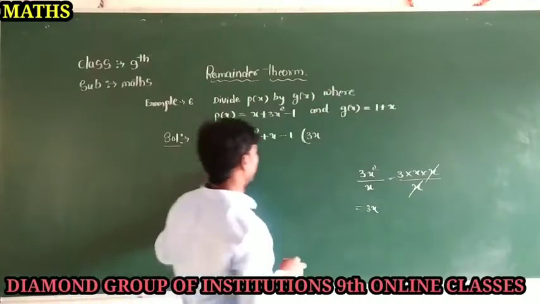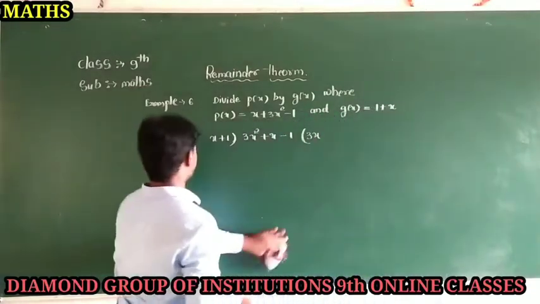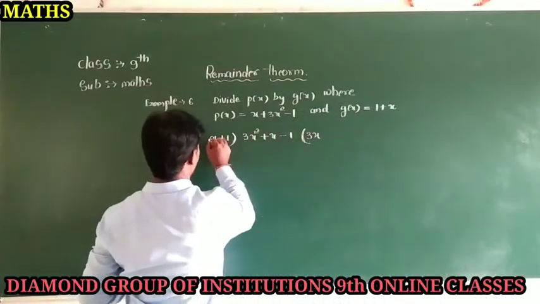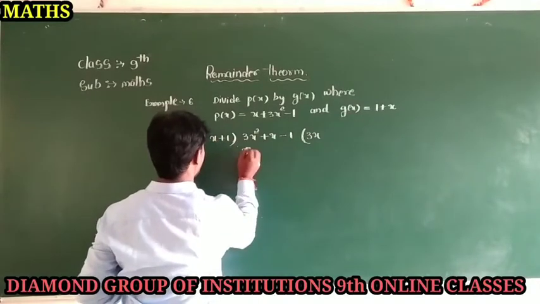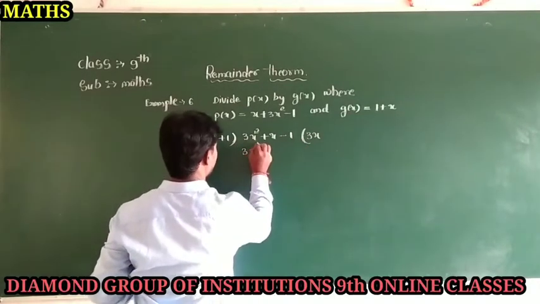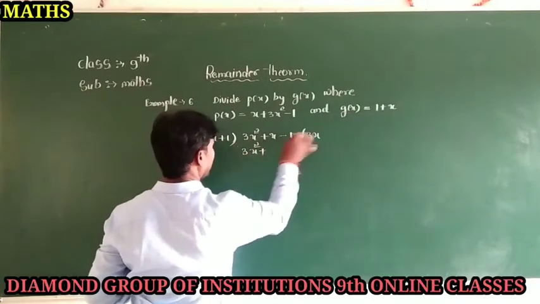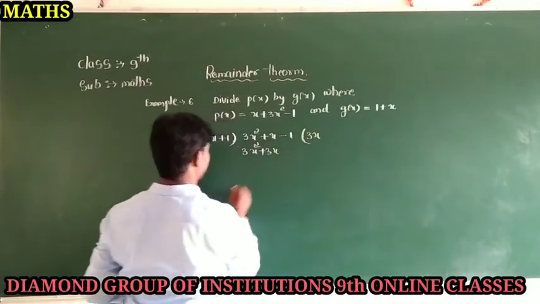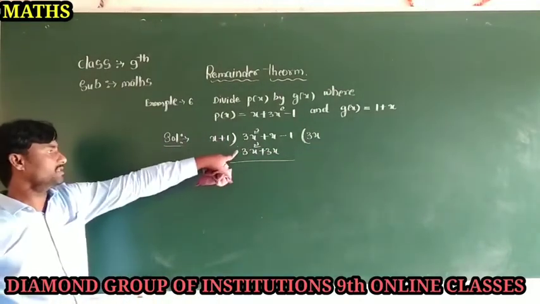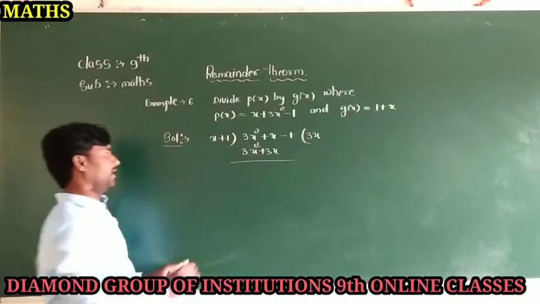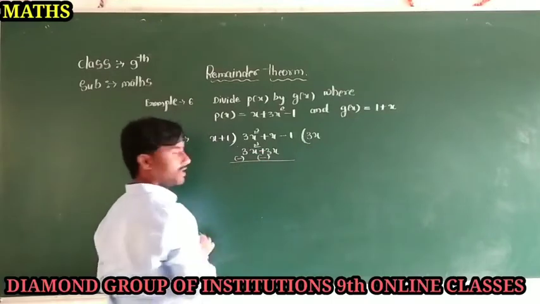Now you should multiply the quotient with this x plus 1. So x into 3x is 3x square, plus into plus is plus, 1 into 3x is 3x, dear students. Afterwards, we should do the subtraction. So plus becomes minus, plus becomes minus.